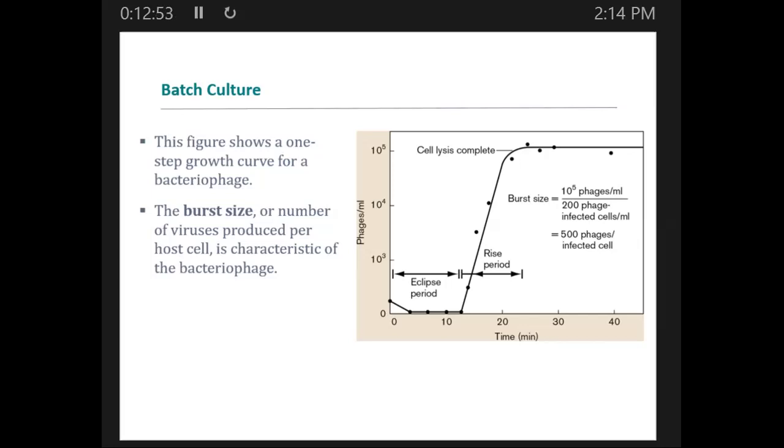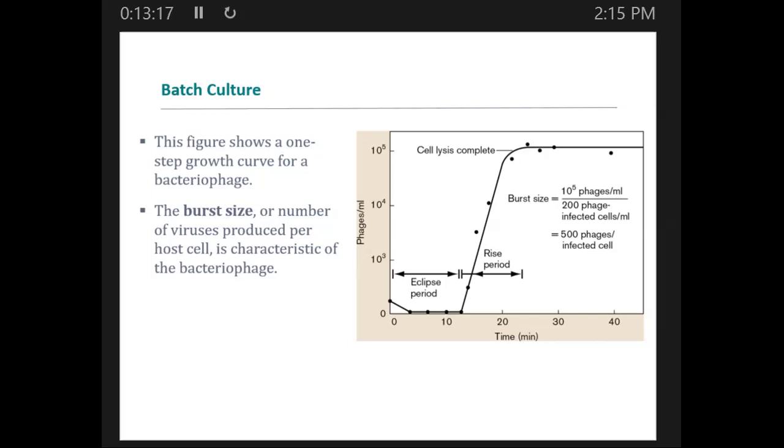And then this leveling off is basically everything's done in terms of the cells have been lysed and the phages have burst. And so you can do some simple calculations to figure out how many viral particles per cell and how many are in that population that you started with, for example.